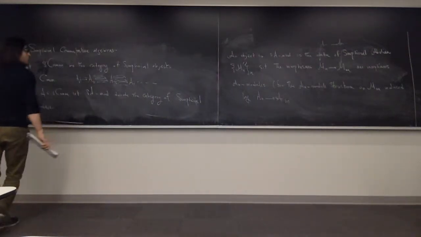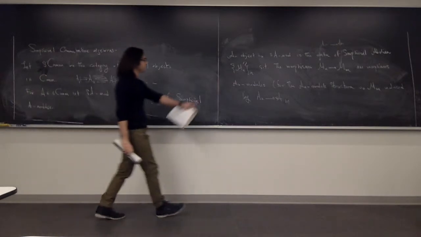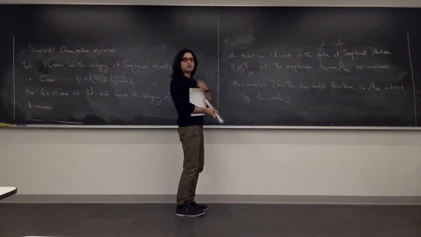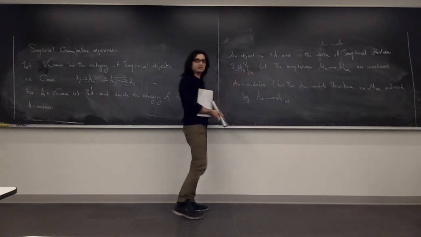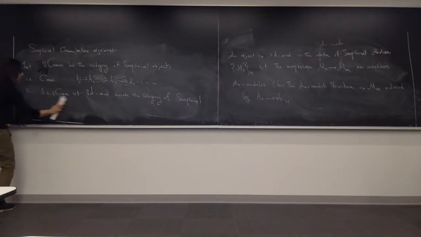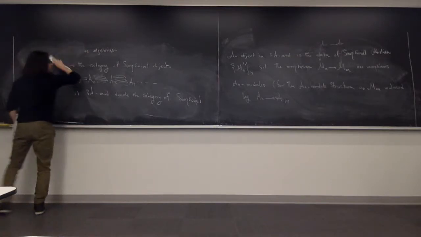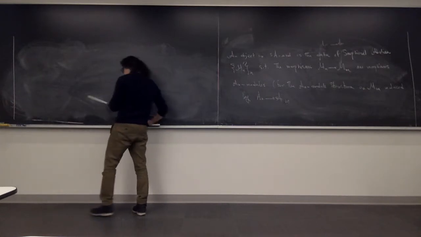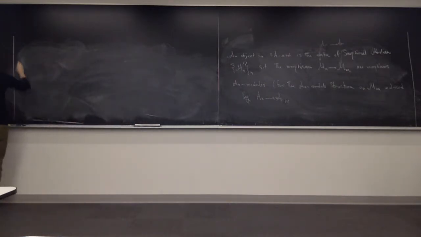It's a simplicial set of abelian groups that level-wise are An modules, and then they also respect the simplicial morphisms between them.